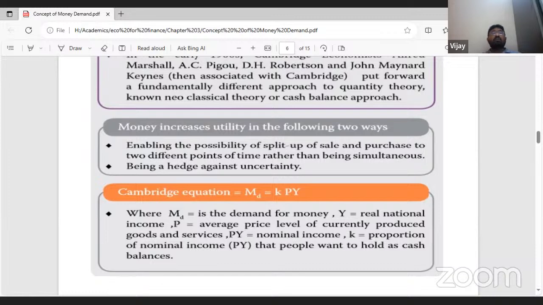That is denoted by K here. If I earn 1 lakh rupees, I will not use the entire 1 lakh for transaction purpose. A portion of my money income will be used for transaction purpose, and a portion of the money income will be held as cash.